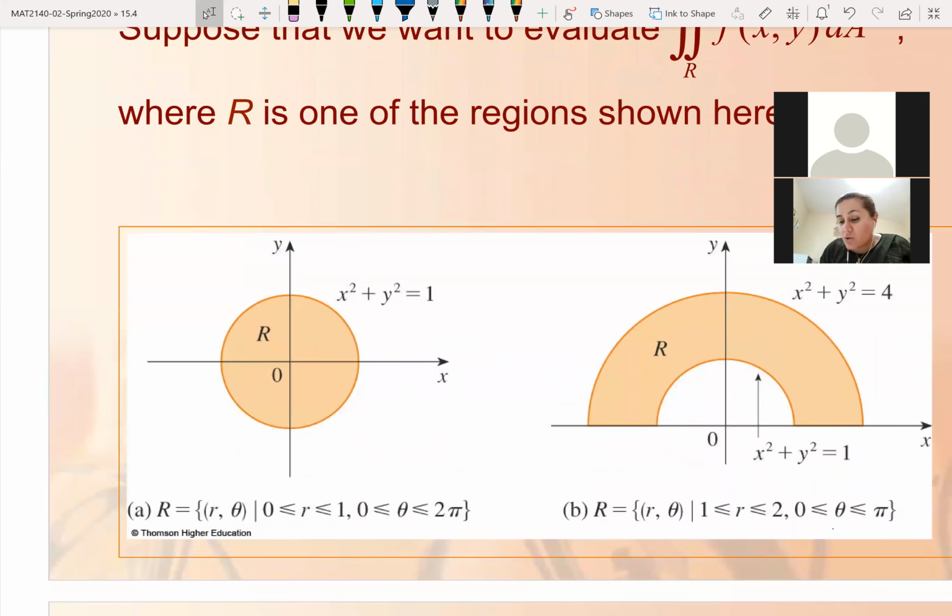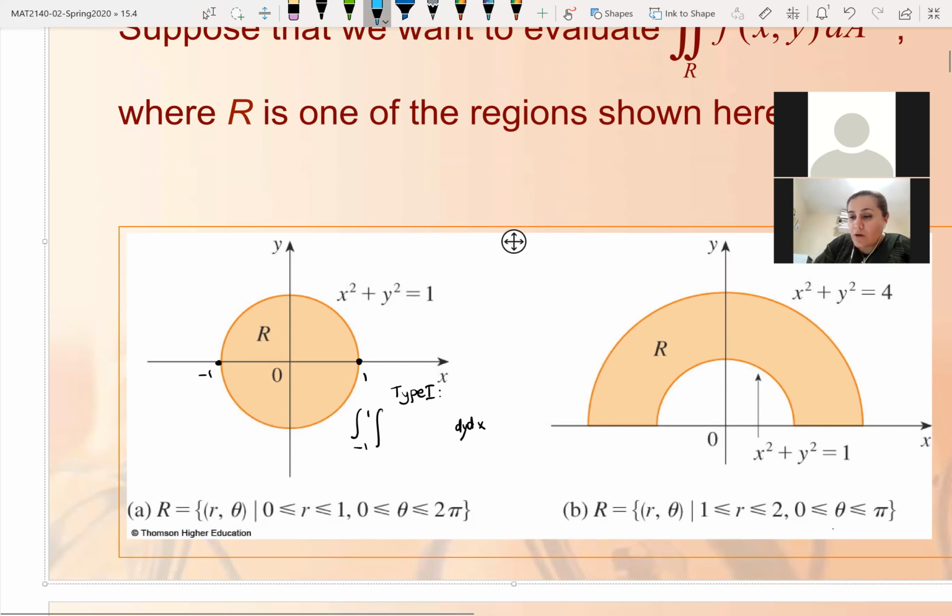If you were supposed to test this one as type 1 before moving to polar, you would just say it goes all the way from -1 to 1, which is fine. And then for dy, you must move in the y direction.